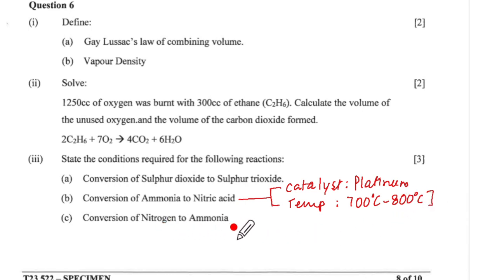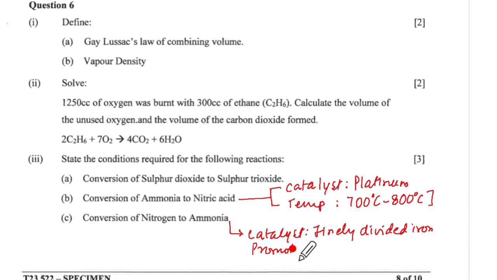Then we have conversion of nitrogen to ammonia. For this we'll have catalyst, that is finely divided iron. We have promoter. Promoter is molybdenum. Temperature. What is the temperature? 450 degrees C to 500 degrees C. And the pressure.